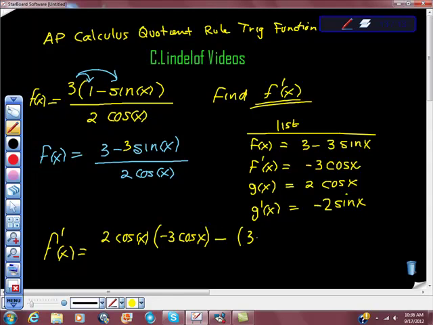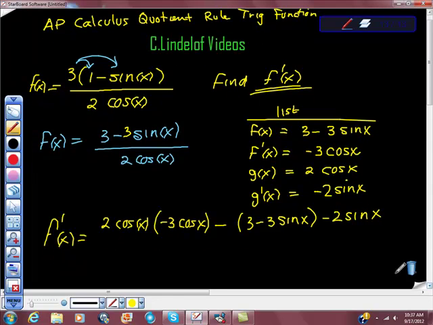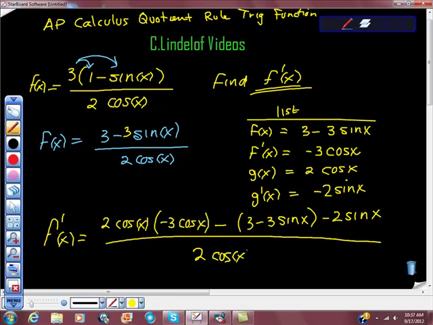So it's 3 minus 3 sine x times g prime of x, which was negative 2 sine x, all over g of x squared, and g of x is 2 cosine x. So the whole thing squared, right? Am I doing okay?